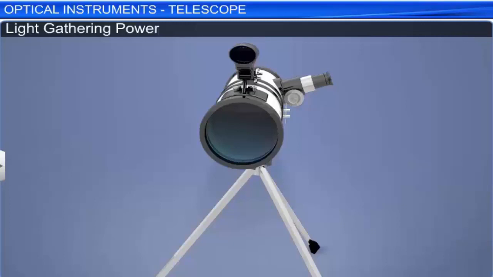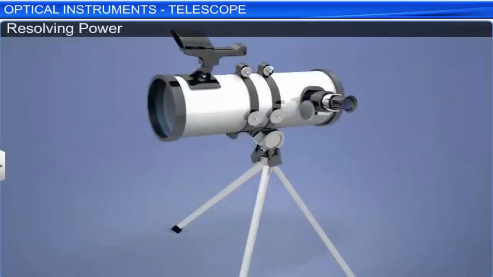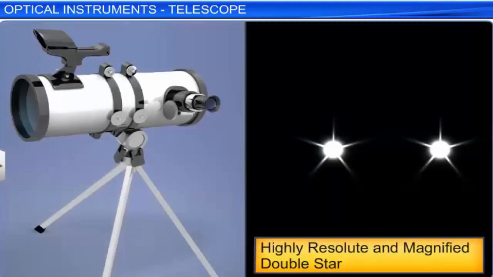The resolving power of a telescope is its ability to observe two objects in very nearly the same direction distinctly. The resolving power of a telescope also depends on the diameter of the objective. So, telescopes with large objectives provide high resolution and high magnification.